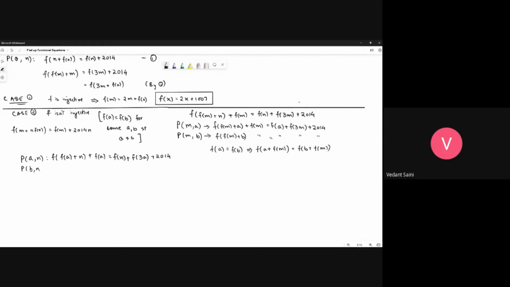I'm doing the same thing for B. Now what can you put? Just write the whole expression, and something will pop up.